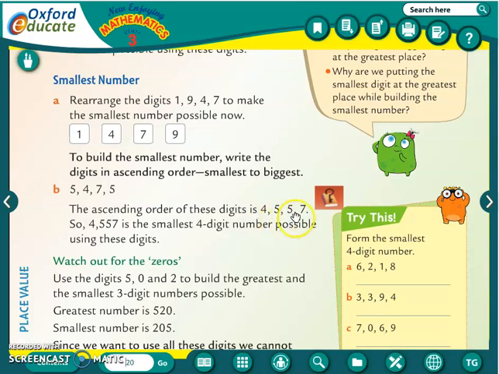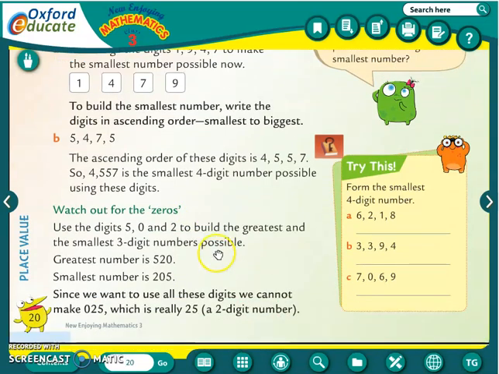Then 2 times 5 are there, so we will write that number like this 5, 5, and then at the last biggest number, that is 7. So 4507 is the smallest 4-digit number possible using these digits. And I hope all of you understood this smallest and biggest number from the given numbers.